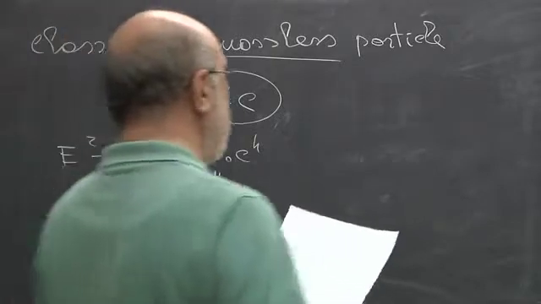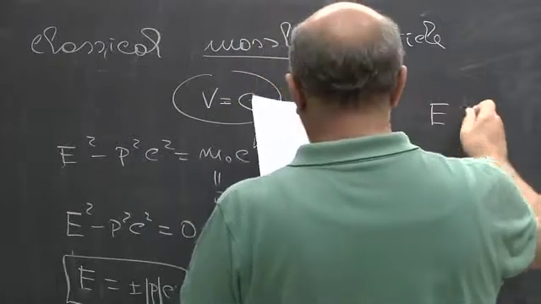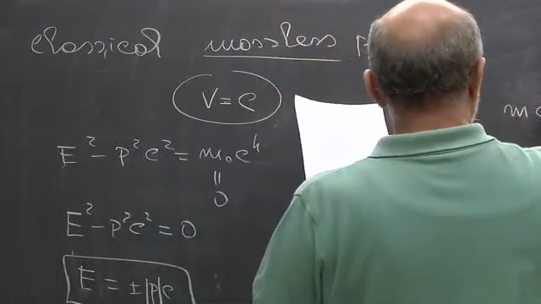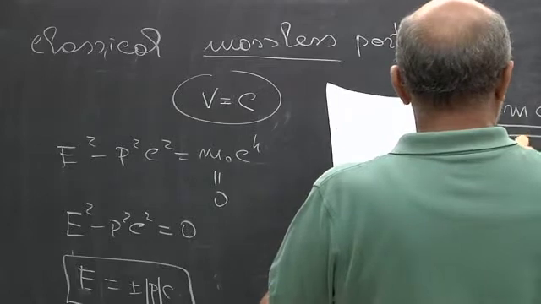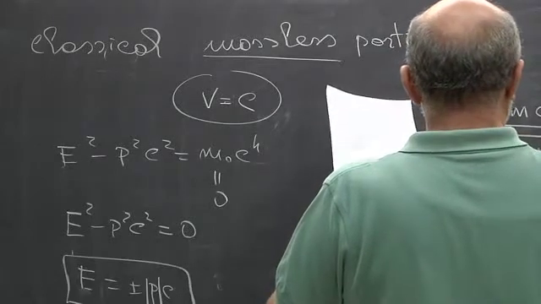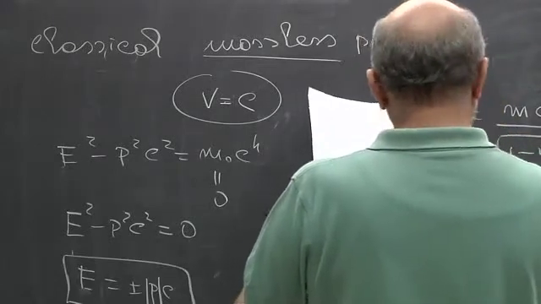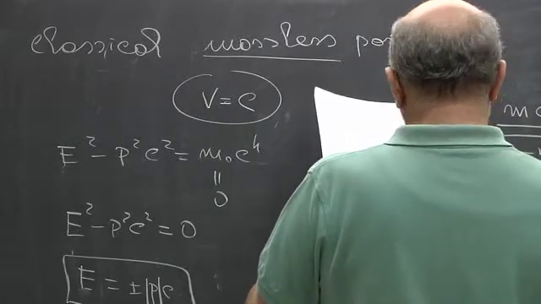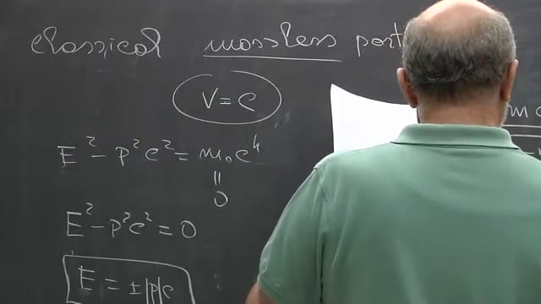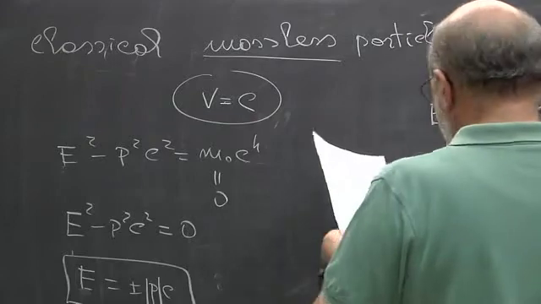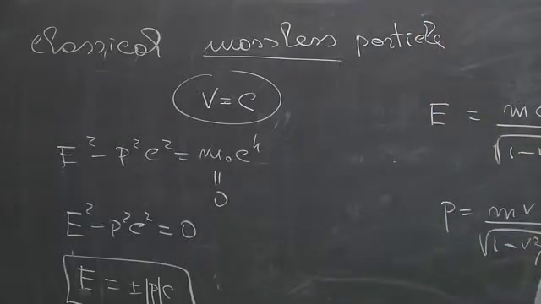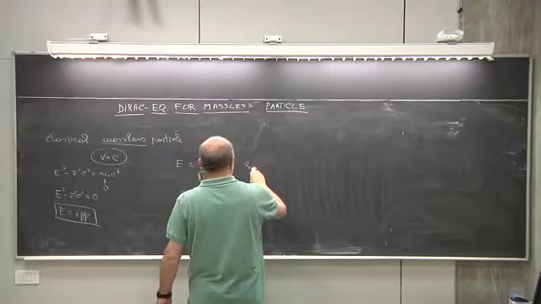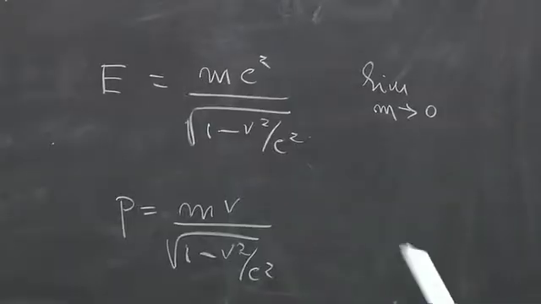But now let's remember the general form of E. E was mc squared over the square root of 1 minus v squared over c squared, and P was mv over the square root of 1 minus v squared over c squared. Then you see that if you take the limit of m going to 0, there is a problem.